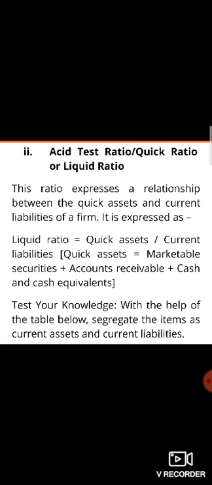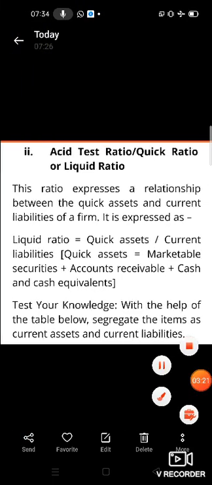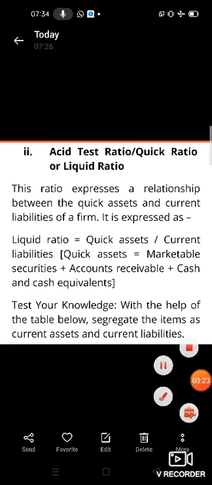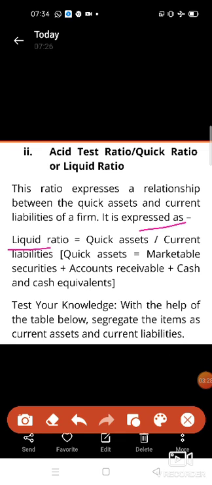The next formula, acid test ratio, or you may say quick ratio or liquid ratio. This ratio expresses a relationship between the quick assets and quick liabilities. Now, see what is quick ratio. Quick assets divided by current liability.